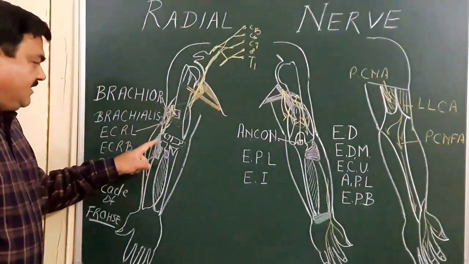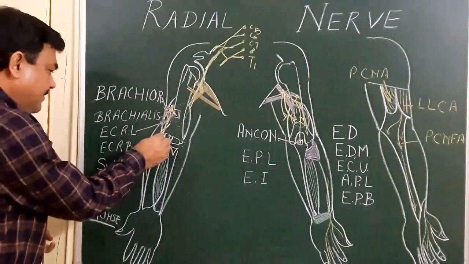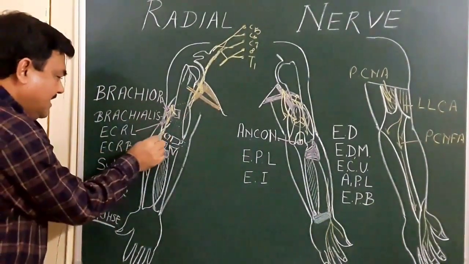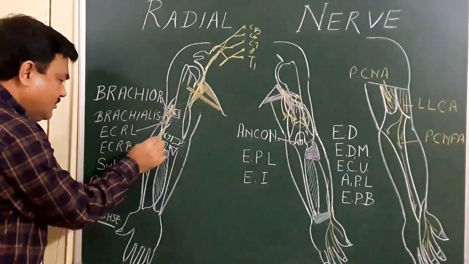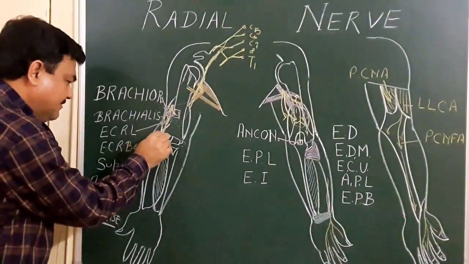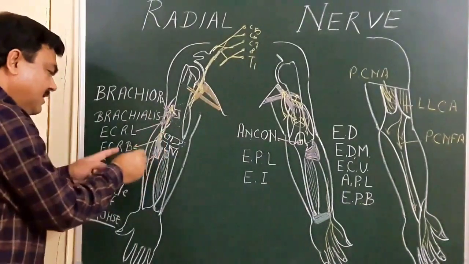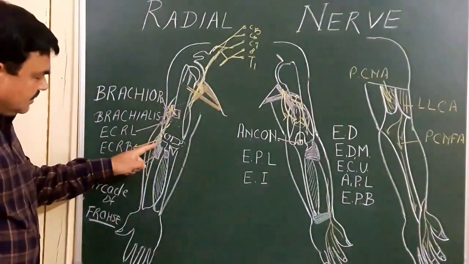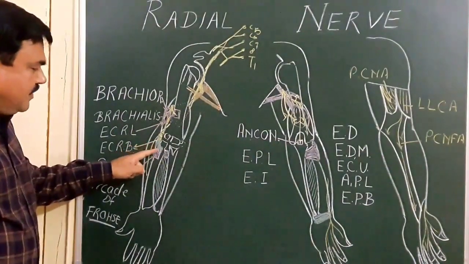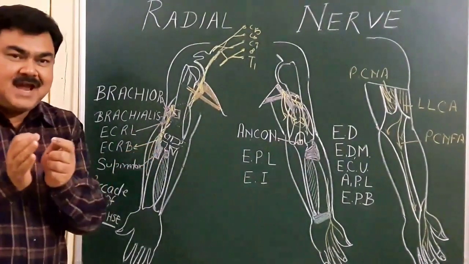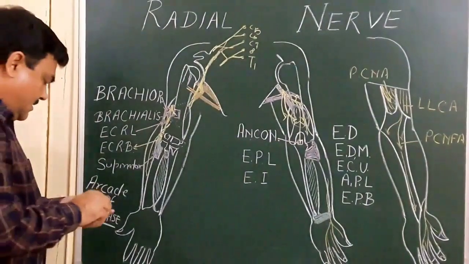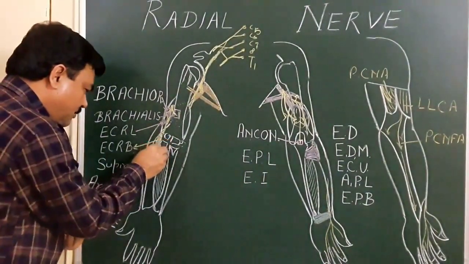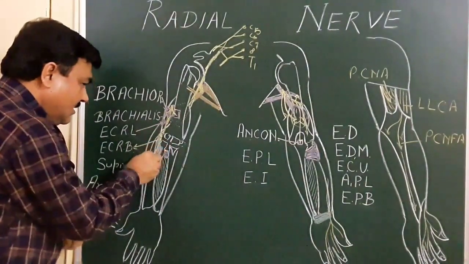Now the deep branch. This deep branch gives supply to extensor carpi radialis brevis. After giving a branch to extensor carpi radialis brevis, it passes through the supinator muscle between the superficial and deep parts.